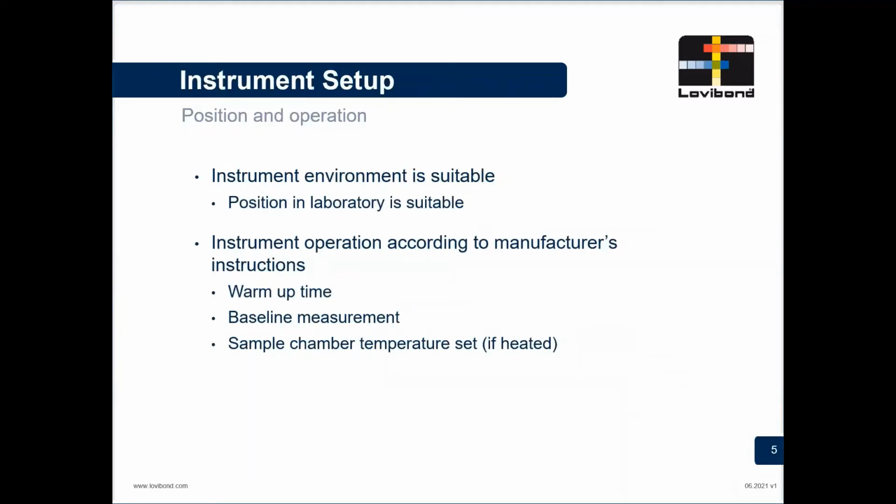So when we talk about our instrument setup, a lot of the standards for making our edible oil measurement will mention the laboratory environment, the environment that we put our instrument in. And this is quite important if you're using a visual instrument.